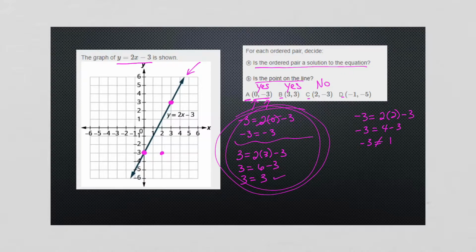So again, that's how you can double check this work. Part D, negative 1, negative 5. That's left 1 and down 5. Look at that. It's also on the line, so I would say yes to that one as well. And think about it: how many possible solutions are on this line? There truly are an infinite number of possible solutions.